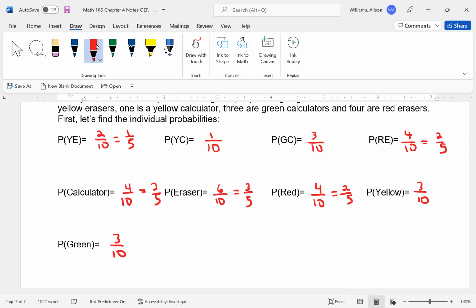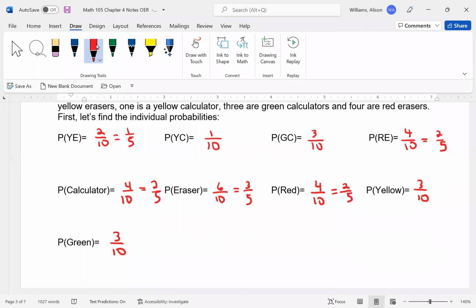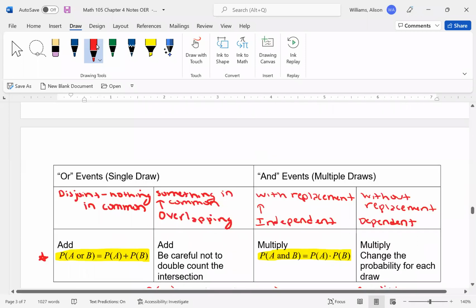So now I have 2 red erasers in my hand, and I only have 2 red erasers left in the bag out of 8. And when we multiply that, that's 12, 24, and then that's 720. And that reduces to 1 out of 30. And that's how we combine these into multiple probabilities combined.